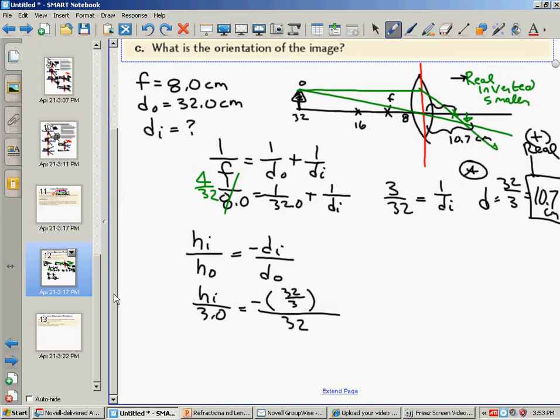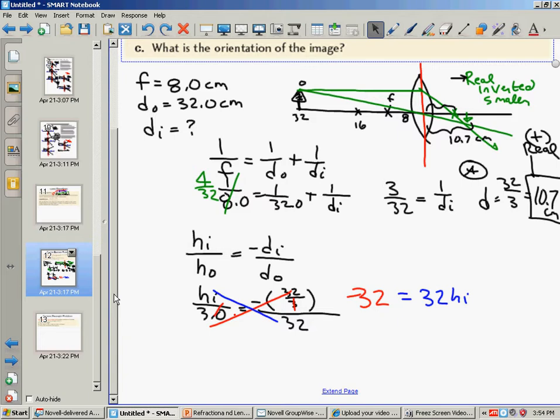So check this out. I'm going to cross multiply. What is 32 over 3 times 3? Well, this cancels off, and it's 32. So when I cross multiply, I get 32, and then when I cross multiply this way, I should make sure that that's negative. And then I get 32 hi.